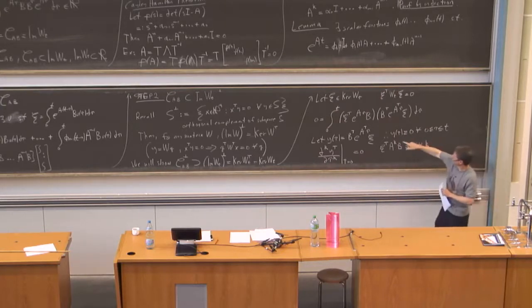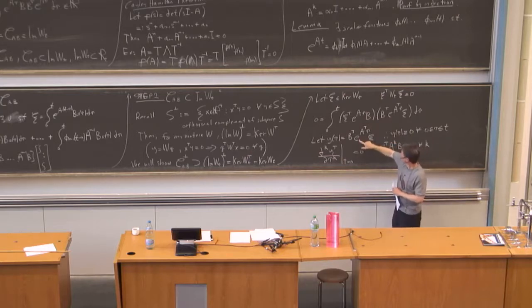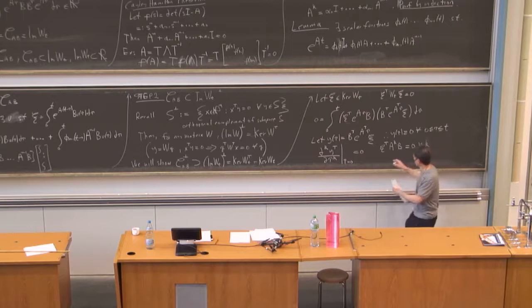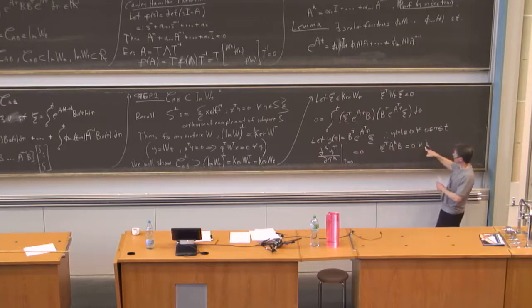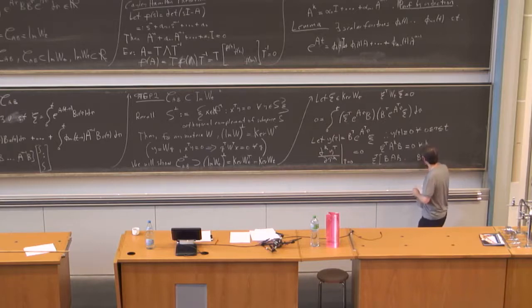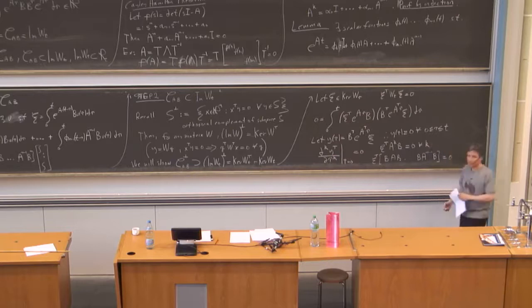Just take the derivative of y transpose, which is this thing here. Take the first derivative, you get A times this, then you get A squared, and so on. You get this term over here. Okay? Good. So therefore, if this is equal to 0 for all k, I can rewrite this in matrix form: B, AB, ..., A^(n-1)B is equal to 0.